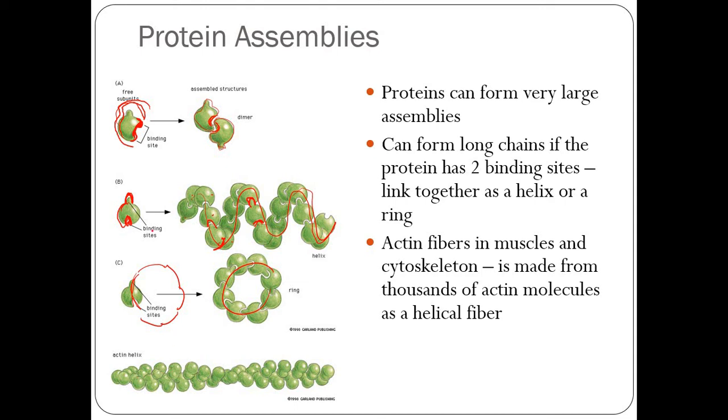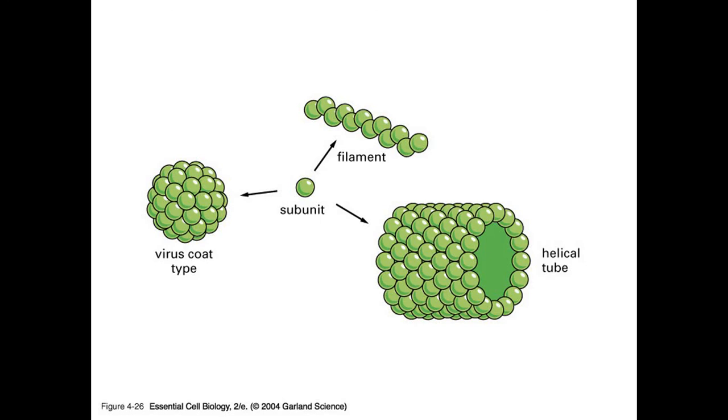So that means it contains more than one active site, diba? Because it was able to form this multiple protein assembly. Okay? So, for example, this is just one subunit, then if it forms this structure, it's called the filament.